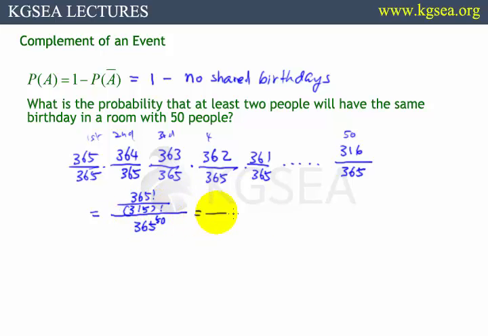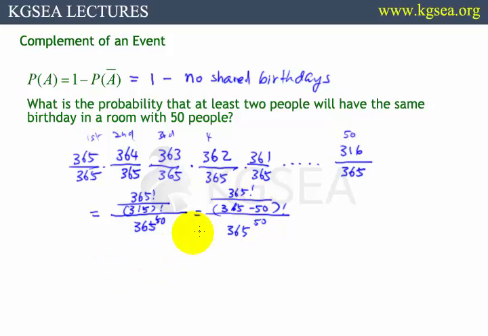If I do that, you realize what I have is 365 to the 50th power in the denominator, and 365 factorial over what is 315? It's 365 minus 50. That's what it was. Now, this is the probability that no two people share the same birthday in a room with 50 people inside.